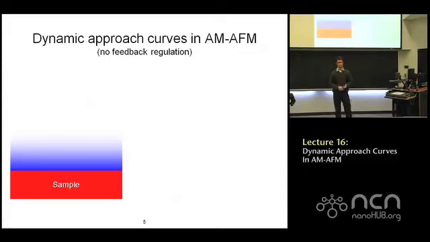At this point, there's no feedback regulation on any of the outputs. If we do this in frequency modulation or some other modes, there are actually nested feedback loops. But here, the cantilever is not subjected to any feedback regulation, and it just approaches and interacts with the sample. Again, our sample is indicated here. Red represents contact repulsive forces, and blue long-range forces.